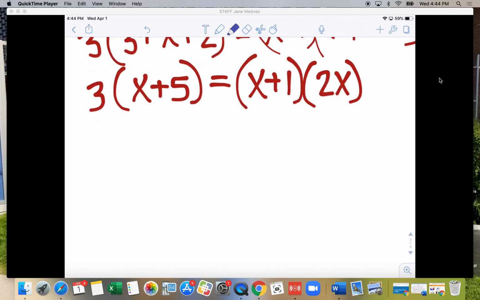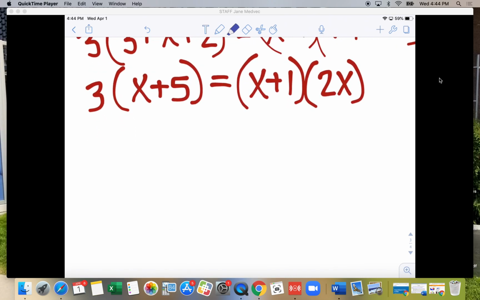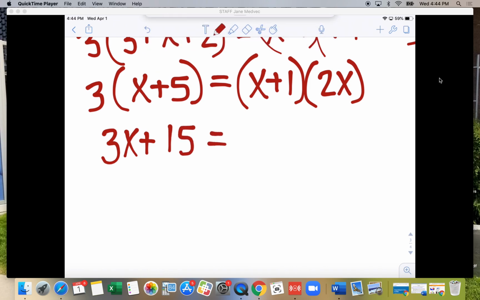Now I'm going to do some distributive. So I've got 3 times x, which is 3x, plus 3 times 5 is 15. I'm going to keep going, and take x times 2x, which is 2x squared, plus 1 times 2x is 2x.